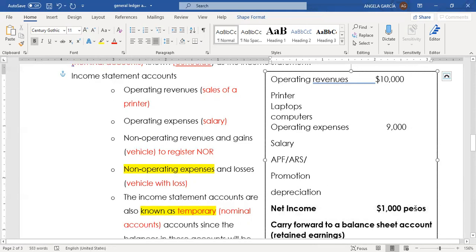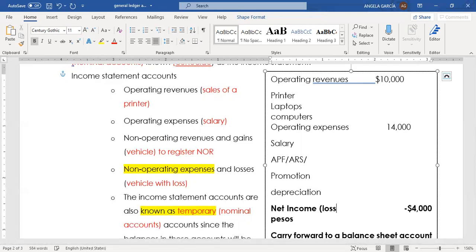Instead of having an income here, you may have, for example, expenses of 14,000 pesos, so you're going to have less 4,000 pesos. And this, instead of a net income, is not actually an income. It is a loss.